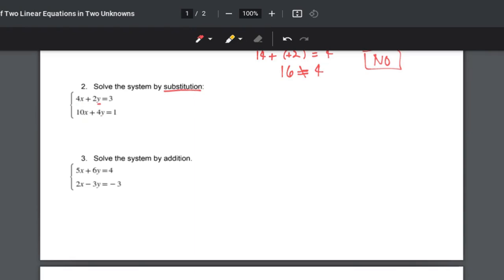So I would suggest solving for y in the first equation. So if we do that, we've got 4x plus 2y equals 3. And if I subtract 4x on both sides, I have 2y equals negative 4x plus 3. And then if I divide everything by 2, I have y equals negative 2x plus 3 halves.